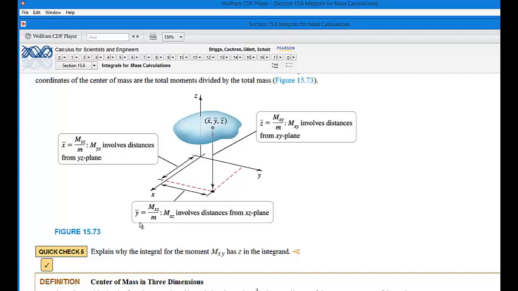Quick check 5. Explain why the integral for the moment Mxy has z in the integrand. Okay, so actually, this is a good question. Do you have an answer for it? Not yet. Okay.